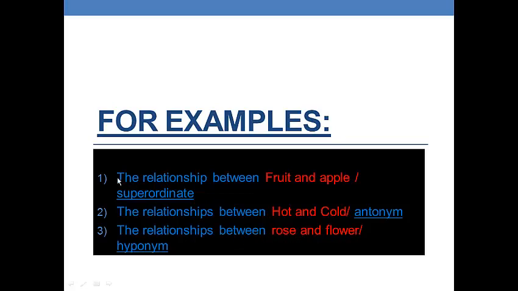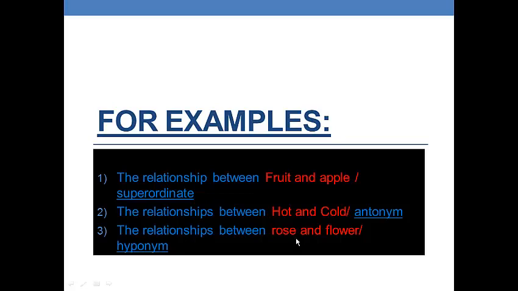Number 1 and number 3 are always linked together. For example, we can say rose or sunflower, that is a hyponym of flower. Or you can say flower is the superordinate of rose and sunflower or orchid, etc.